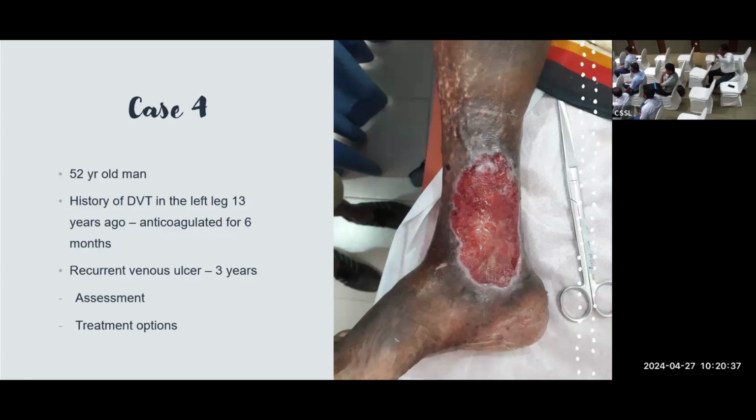The SFV occlusion is characterized on duplex with antegrade flow in a dilated long saphenous vein, not a refluxing vein. That's a collateral, a main collateral, so that's the one that should not be ablated. I'm talking about refluxing superficial veins. They can be treated by the methods that we have already discussed, even in cases of deep reflux.